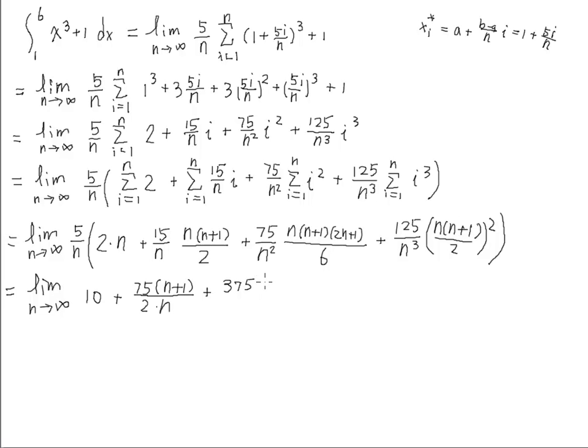And then we have n plus 1, then we have over here n plus 1, and we have 2n plus 1, and divided by over here. We have 1 n gone, so we still have 2 n's and 6. So we have 6 over here. And then we have n squared.